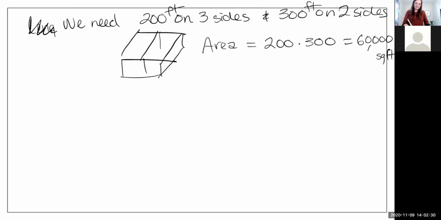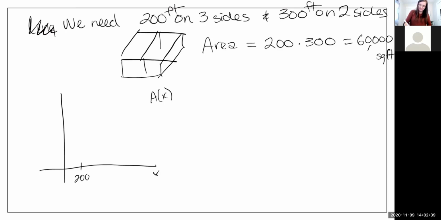So when we graph our A of x, at 200 for x, we'll have the 60,000 here. And it'll be something like that. And I think these will actually be our 200 and 300 because our area of x.